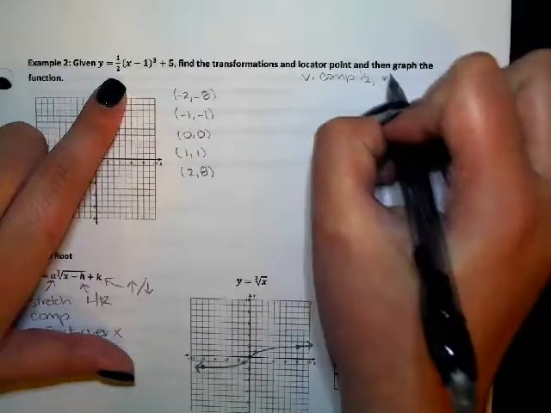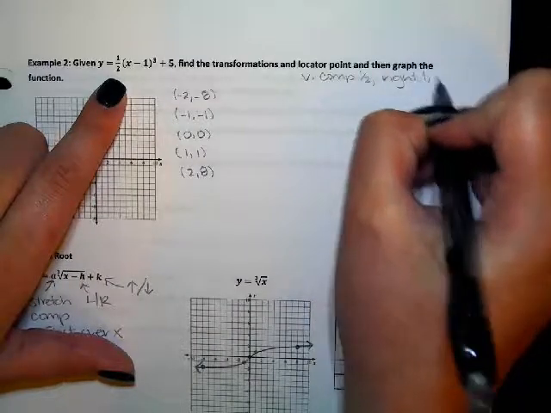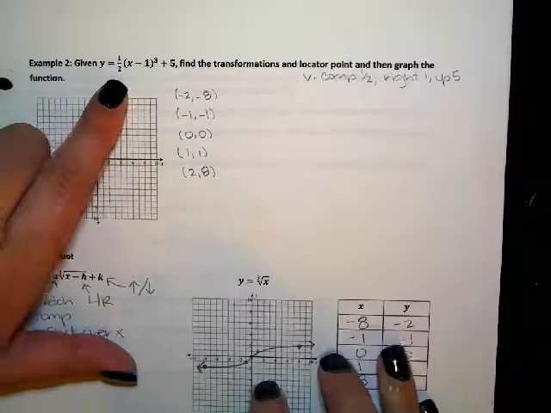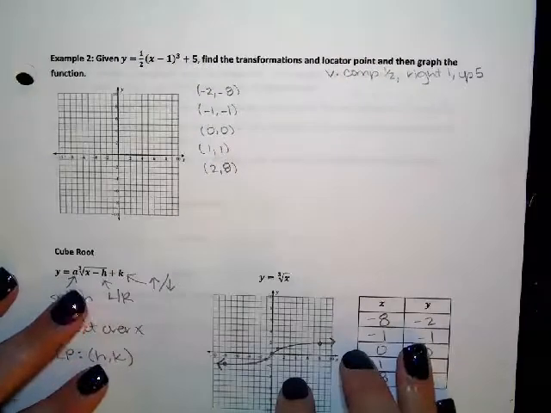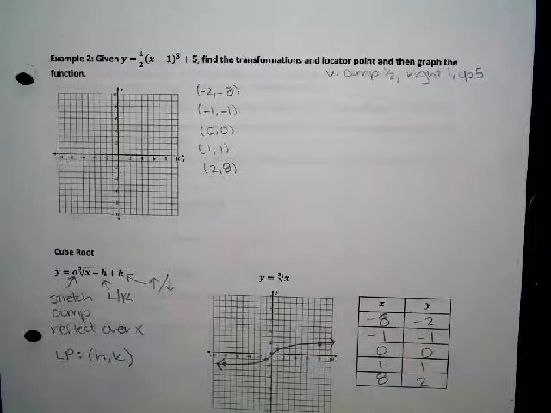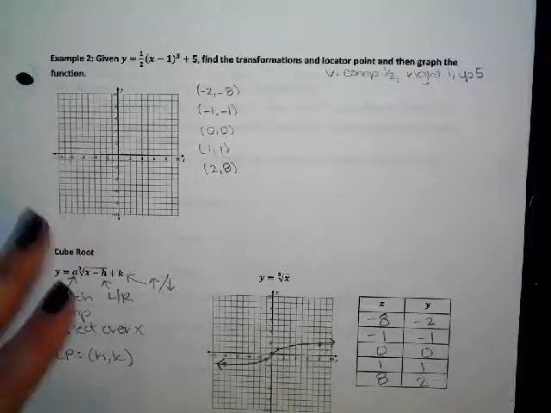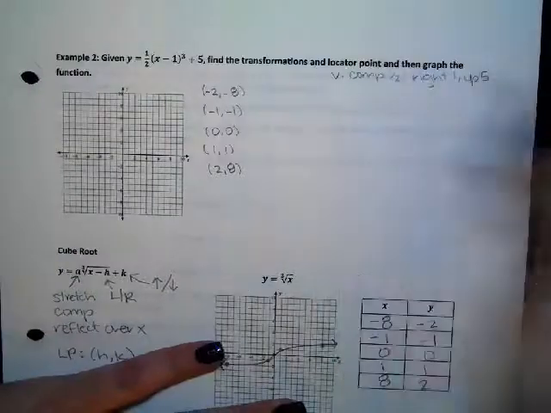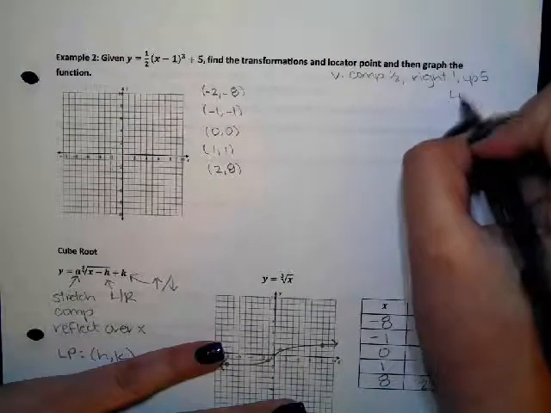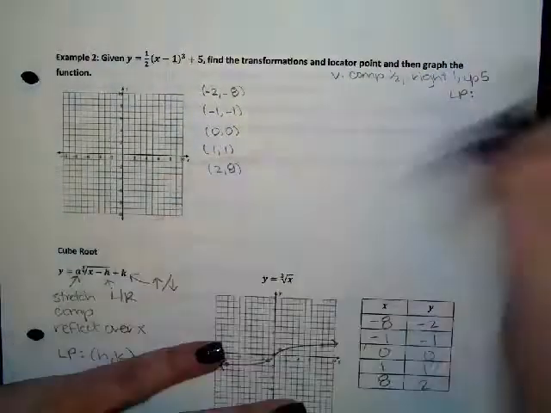Right 1, up 5, okay. We don't call it a vertex because a vertex means it's supposed to switch from increasing and decreasing, and these graphs don't switch. They either consistently go up or consistently go down. So we're going to call it a locator point. What is the locator point for this graph? 1, 5. Okay.